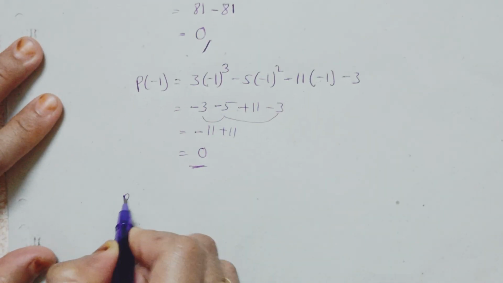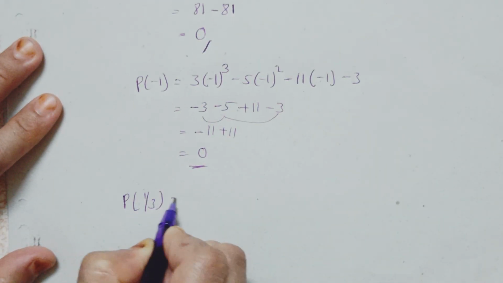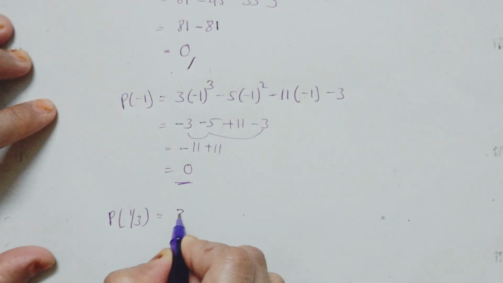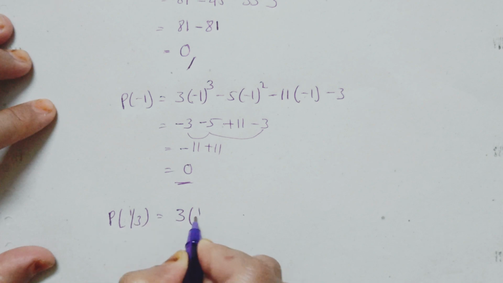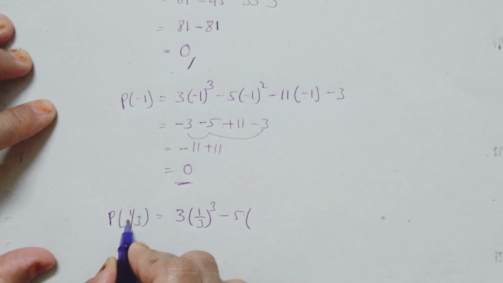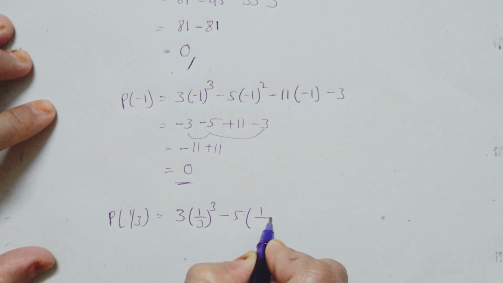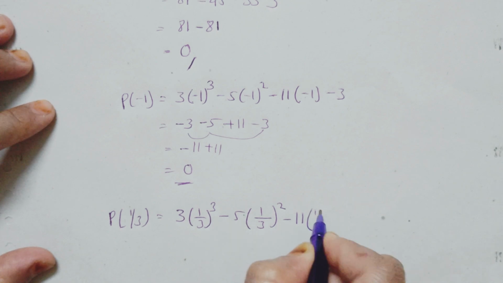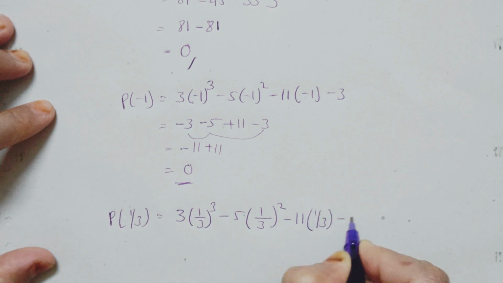Now in the place of x I am substituting 1 by 3. So what is the cubic polynomial? 3x cube minus 5x square minus 11x minus 3.